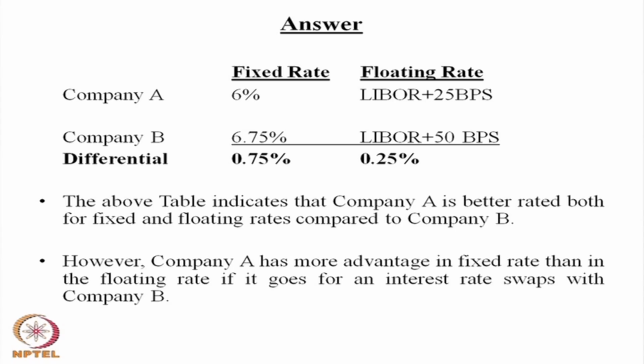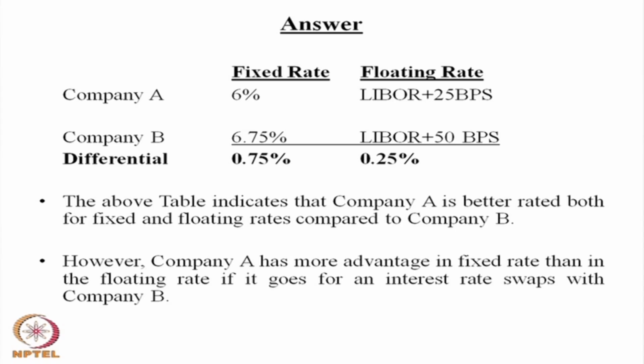But if you see the LIBOR side, the floating interest rate side, company A is getting LIBOR plus 25 basis points and company B is getting LIBOR plus 50 basis points. The differential interest rate between company A and company B on the floating side is 25 basis points. So, what transaction will take place? This table indicates company A is better rated in both fixed and floating.